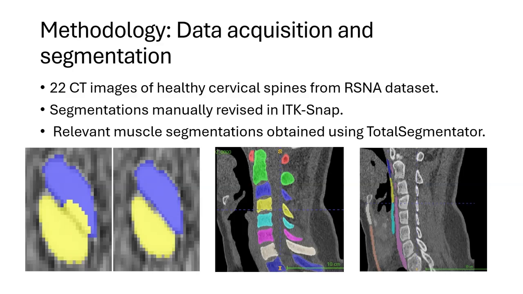Therefore, each slice was manually revised using ITK Snap software, as you can see on the right, where it's been revised. Additionally, segmentations of the muscles attaching to the cervical spine were produced using the automated TotalSegmentator tool, which you can see on the right of the segmented muscles.